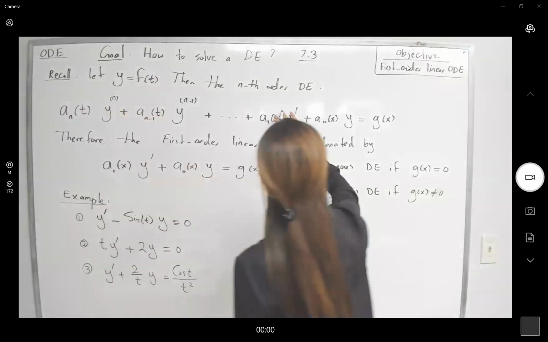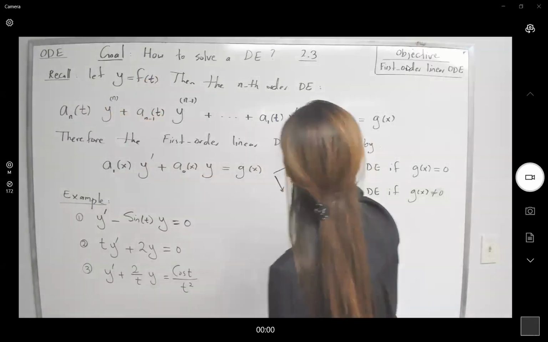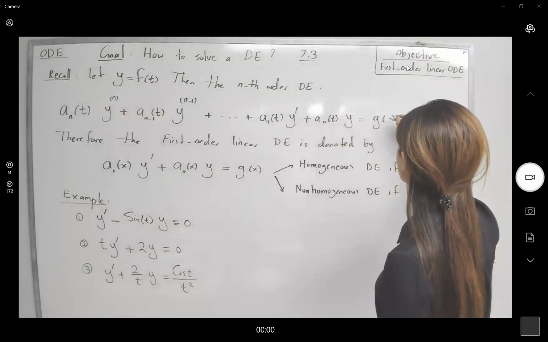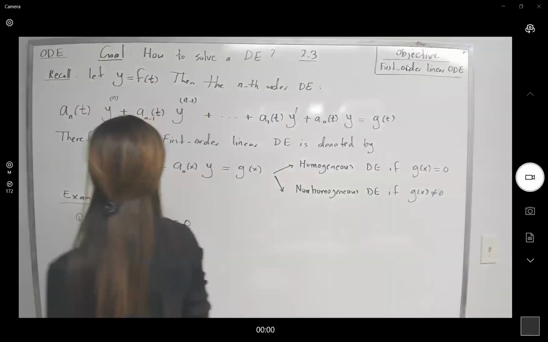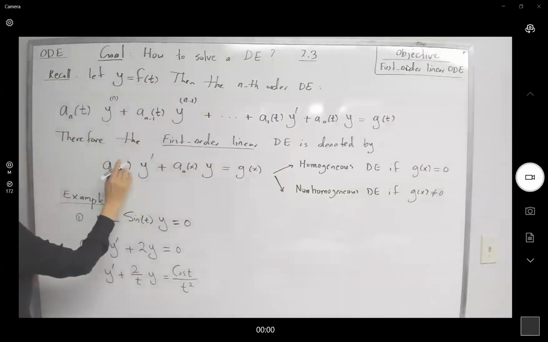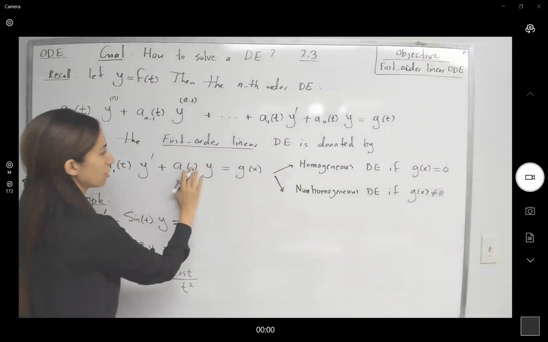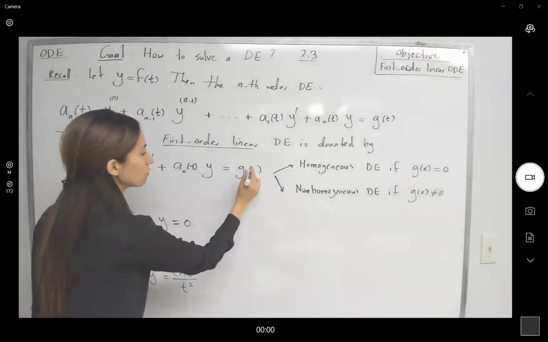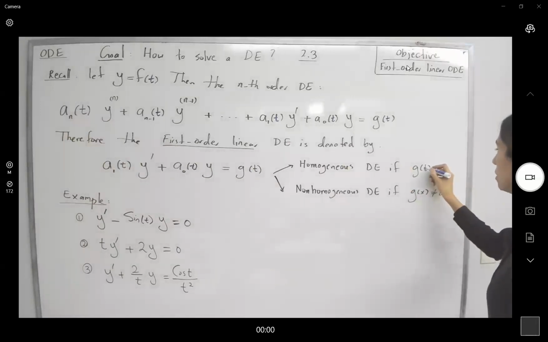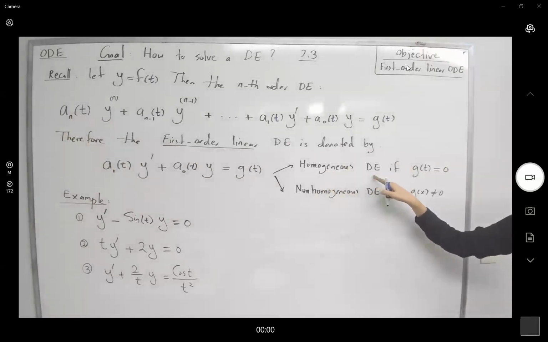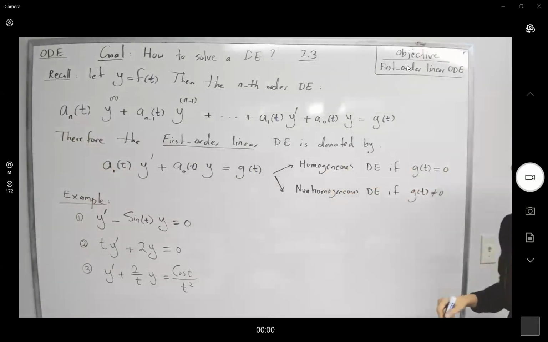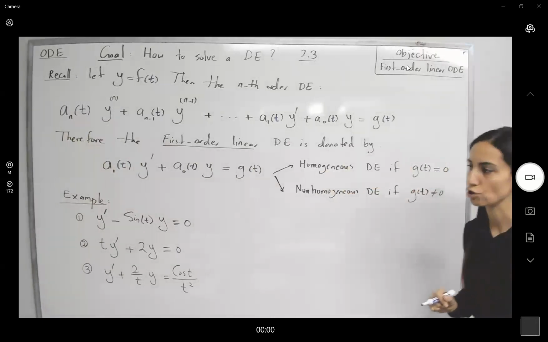And then here you can just replace everything by t as long as t is your independent variable. So you can rewrite your first order linear differential equation with a sub 1 of t, a sub 0 of t, g of t, and you can say that, hey, if g of t is equal to 0, you have a homogeneous linear differential equation, and if g of t is not 0, you have a non-homogeneous differential equation.